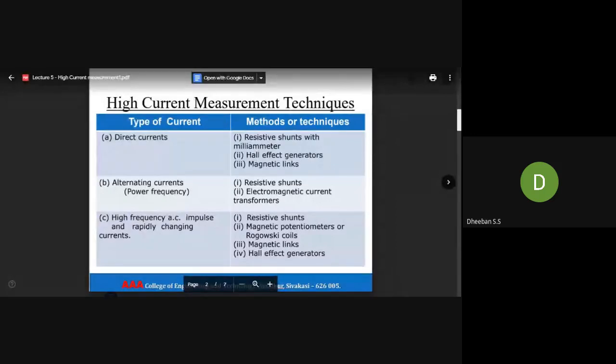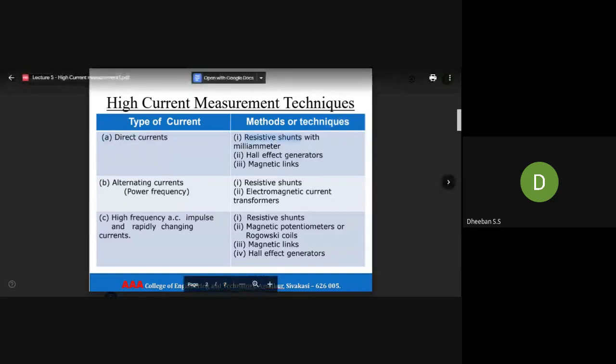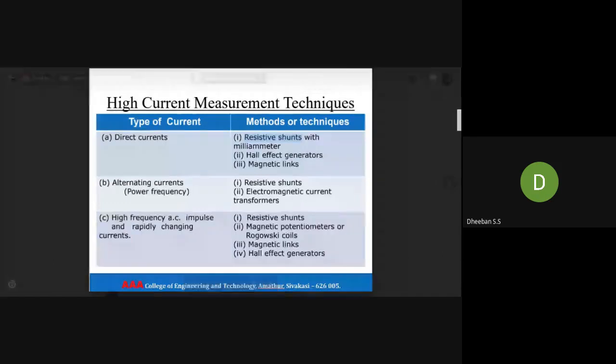For measuring direct current, we will be making use of three methods, starting with the resistive shunts. This resistive shunts method is common to all the three types. Resistive shunts can be used for both direct current as well as alternating current measurement.